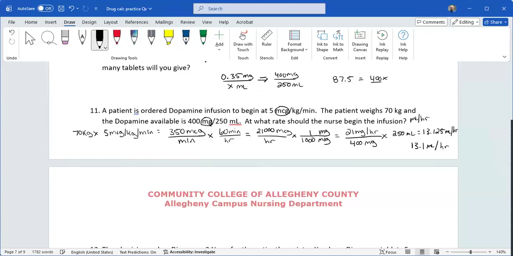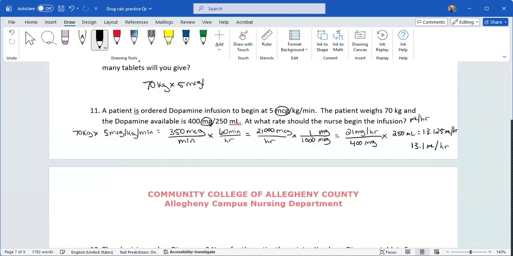Okay. All right. So first of all, we don't want milliliters down here. Oh, okay. Let me take a step back, because I understand you're actually like 99% of the way there just doing dimensional analysis. So you told me you took the 70 kilograms times 5 micrograms.